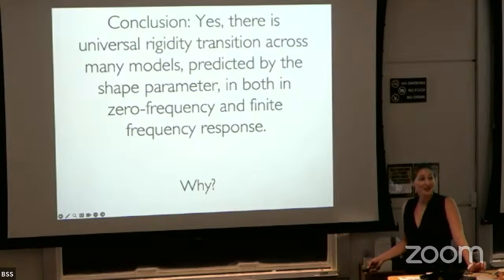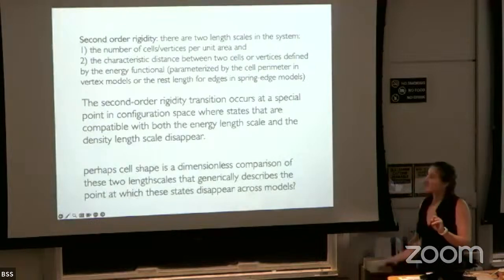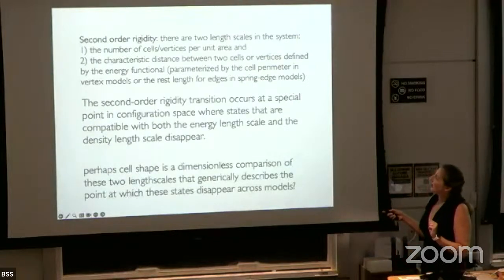Okay, so this is where I say the crazy thing that's open. I think it might be because it's a second order rigidity transition. One way of framing what second order rigidity says is there are two length scales in the system. One of those length scales is the number of cells or vertices per unit area.